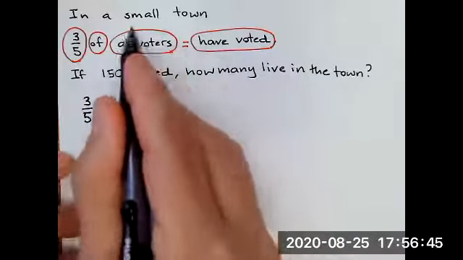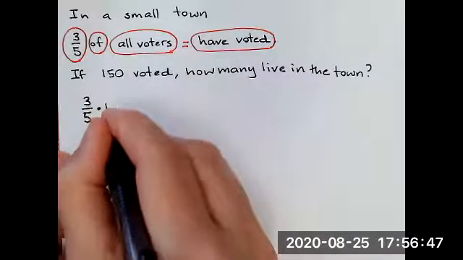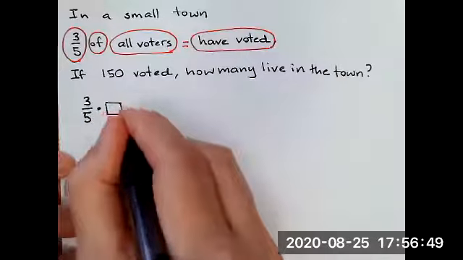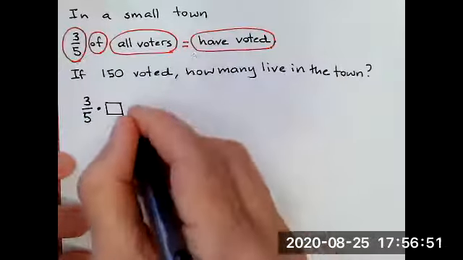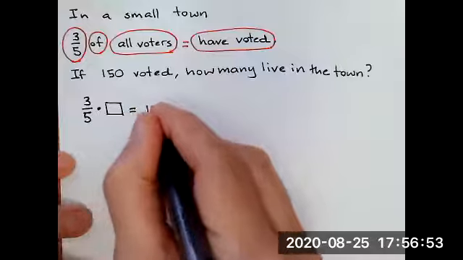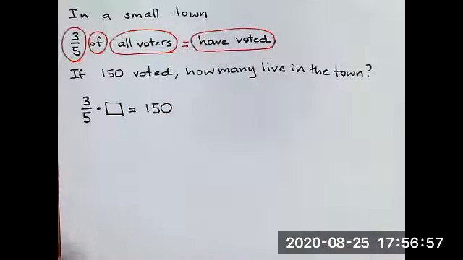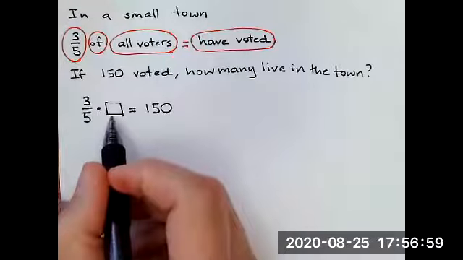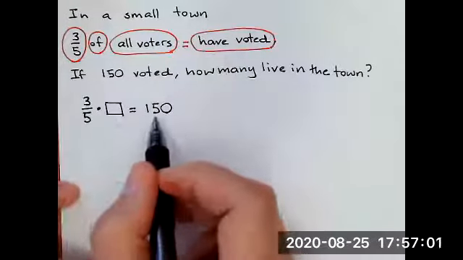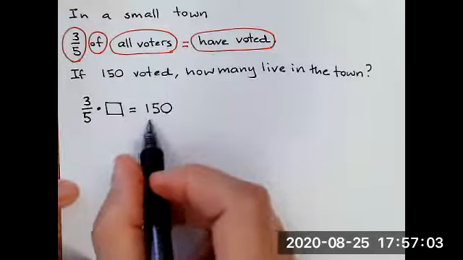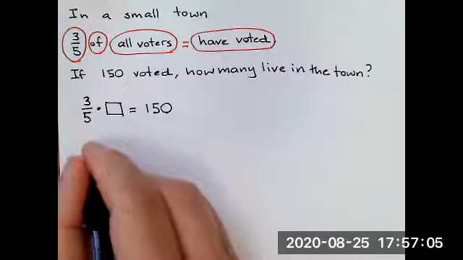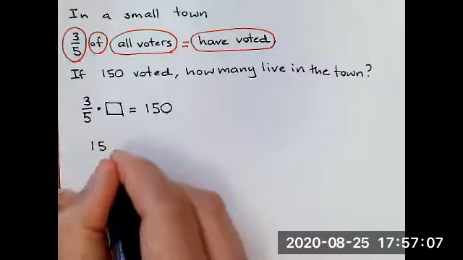So we're looking for how many possible voters are in the town. And that's equal to 150. So that's a missing factor. So we're going to divide. And this is a lot like the last problem. So we can do it that way.